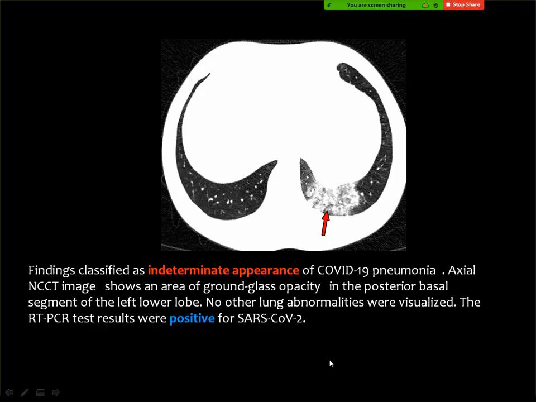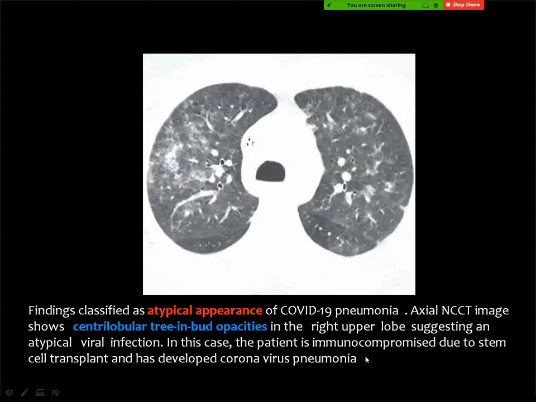And this is what we call indeterminate appearance, where you got only one patch of ground glass opacity and you need further evaluation by the PCR test or other laboratory test to confirm the possibility of COVID-19.